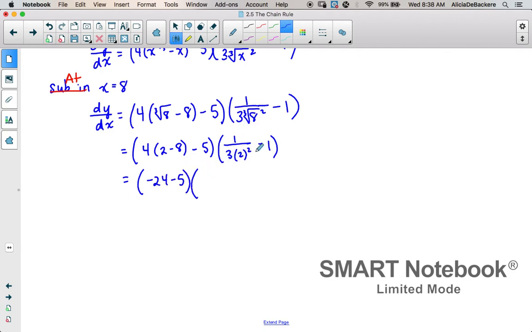And here we've got 1 over 3 times 4, so 1 over 12. And in the fraction here, if I've got 1/12 and I'm subtracting 1, that's the same as subtracting 12/12. So I've got negative 11/12. And then if I multiply these two together, I get 319/12. And that is in lowest terms, so I'm all done.